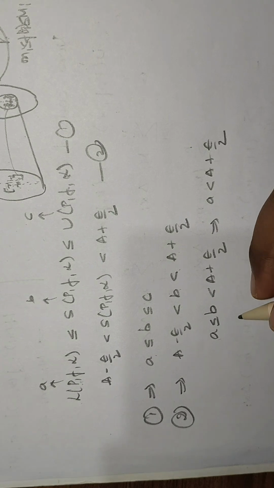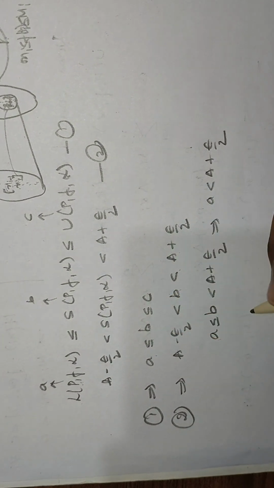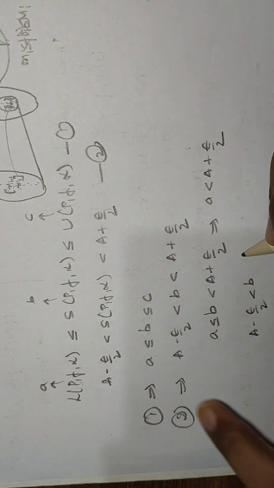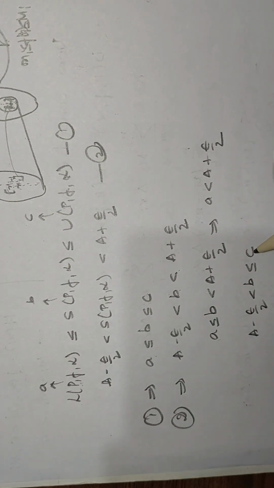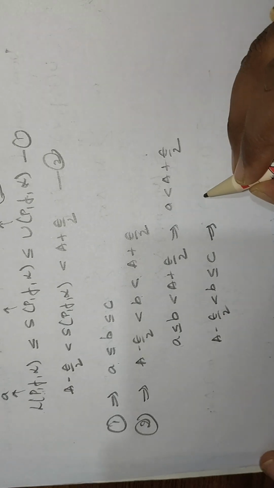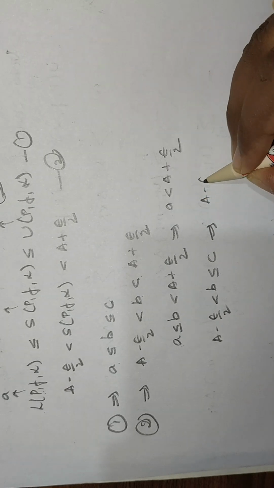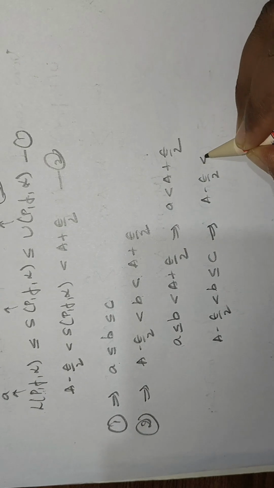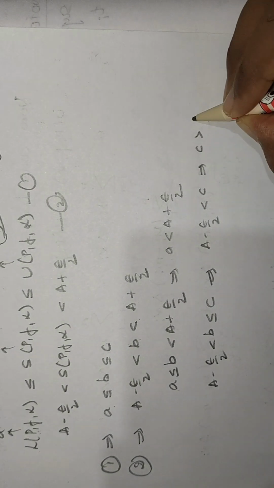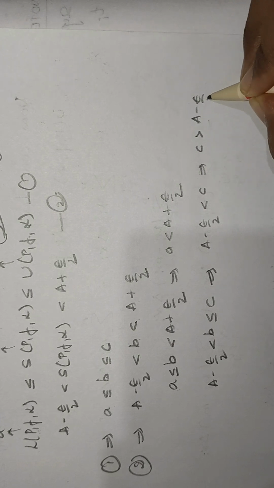And here, we have a minus epsilon by 2 less than b and b is less than or equal to c. So I can write that implies a minus epsilon by 2 less than c, or c is greater than a minus epsilon by 2.